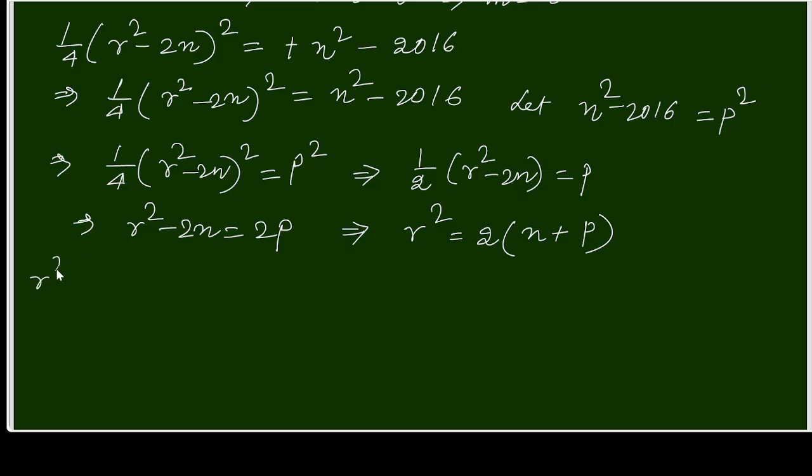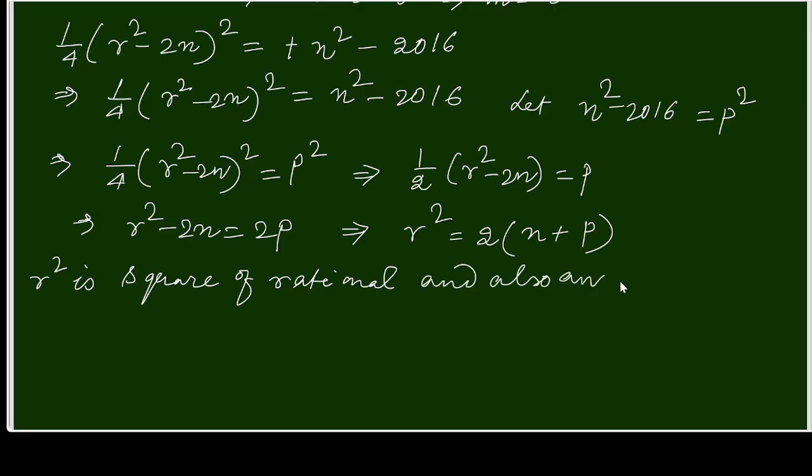Now r square is a square of a rational number, and also an integer. That means r square is a perfect square.